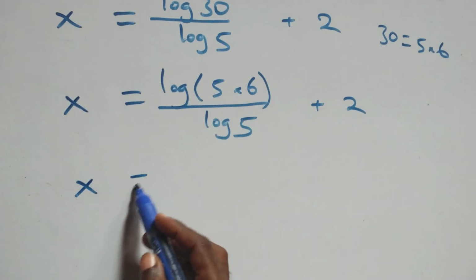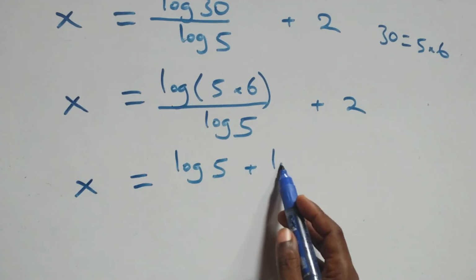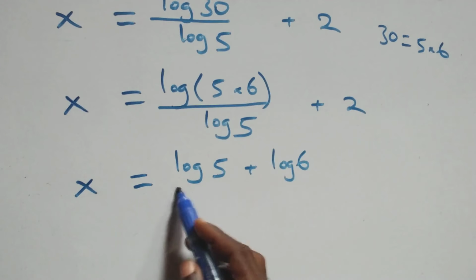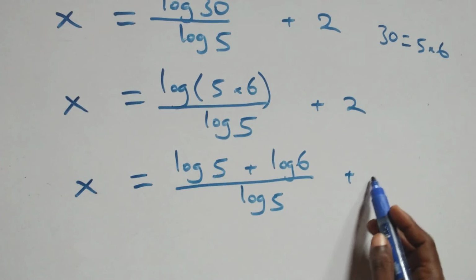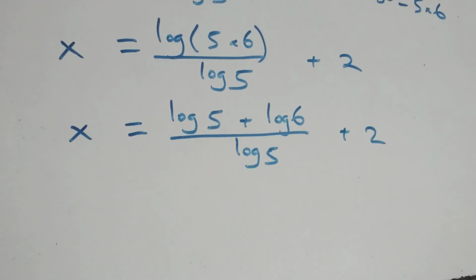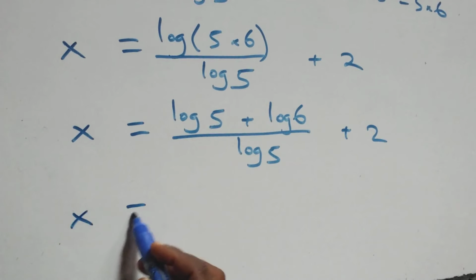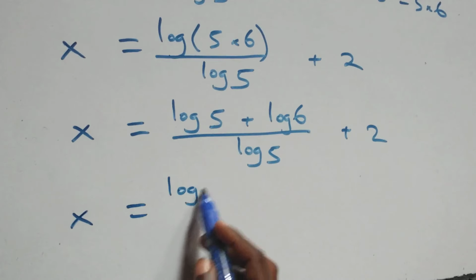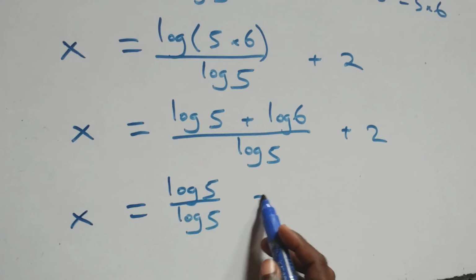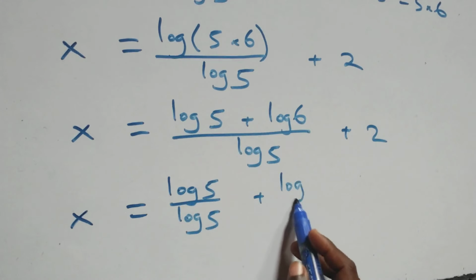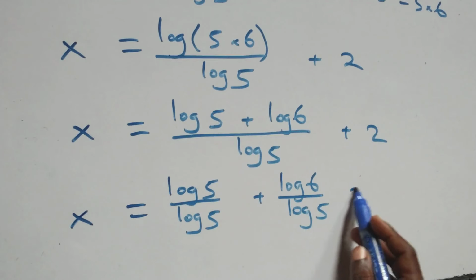We have x equals log 5 plus log 6 over log 5 plus 2. Then here, separate this into two fractions, and we have x equals log 5 over log 5 plus log 6 over log 5 plus 2.